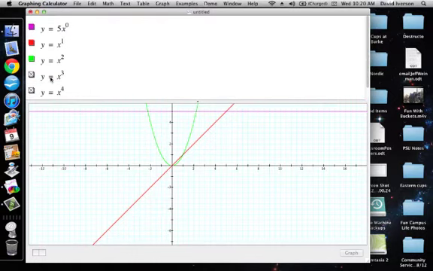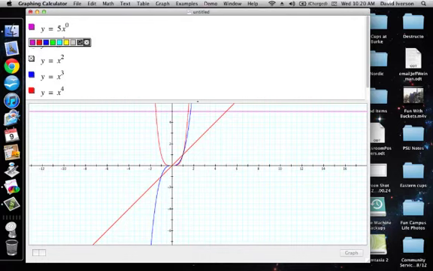Then I've got x cubed. Let's do that one in blue. And let's take this out. X cubed, 3 is an odd number. And then 4 is an even number.